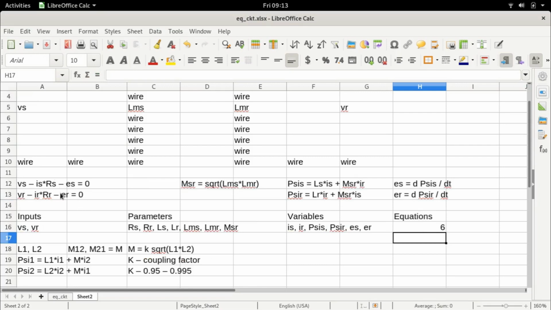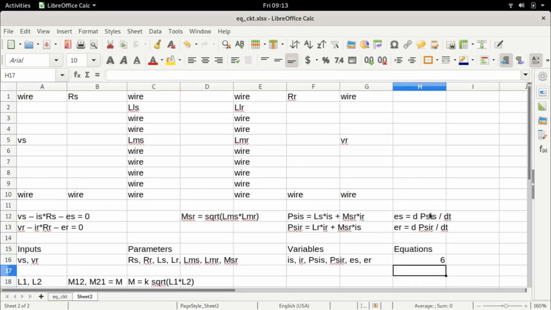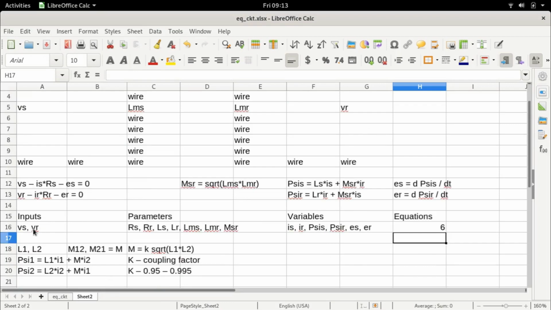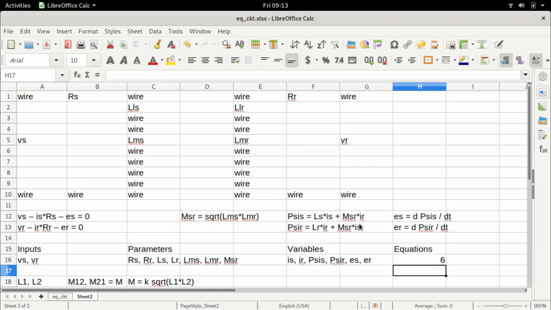We have brought in the induced EMF, and by bringing in the induced EMF, we are now taking into account the magnetic coupling between the stator and the rotor. So our variables, our equations, our inputs and parameters are all now matching. We have now achieved some level of equilibrium between our machine model and our mathematical model.